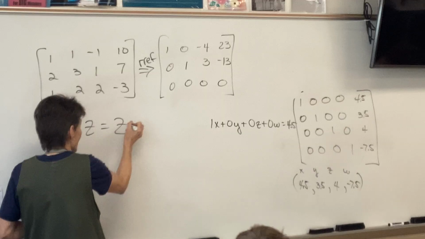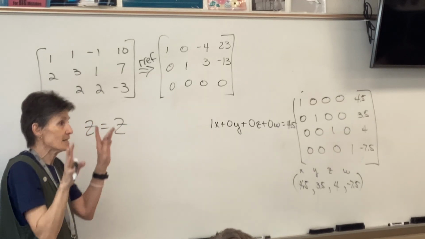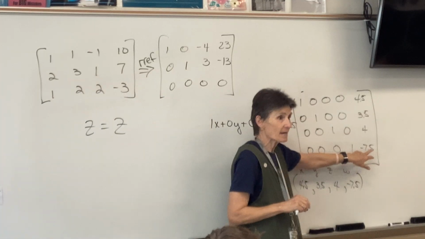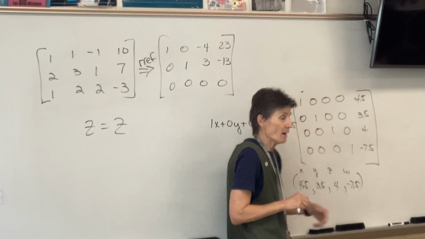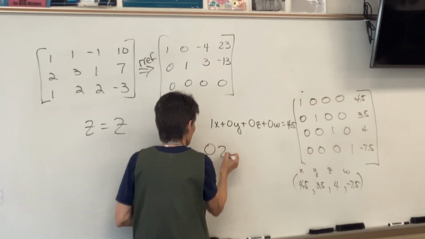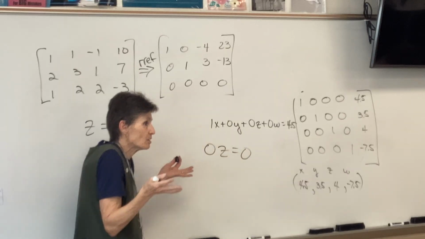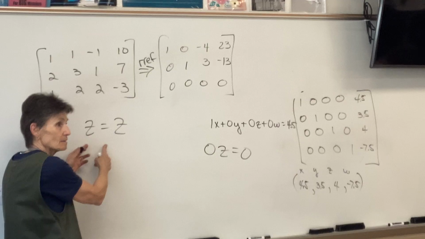z is whatever z is. Z can be anything. In this case, z had to be negative 7.5. But if we're saying 0z equals 0, then doesn't that mean z can be anything? Okay, and we express that like this.